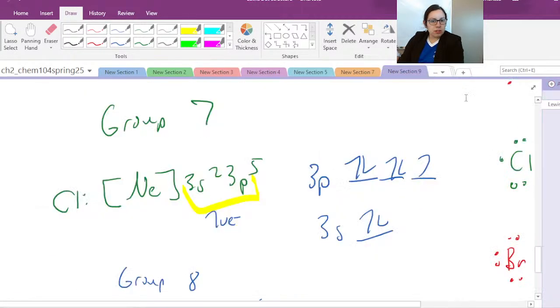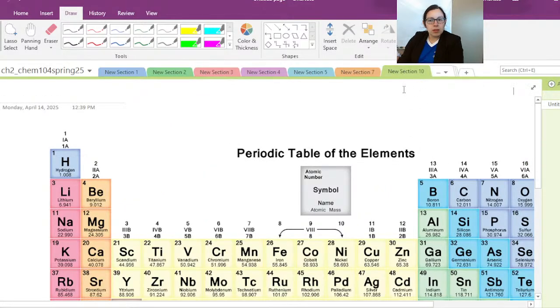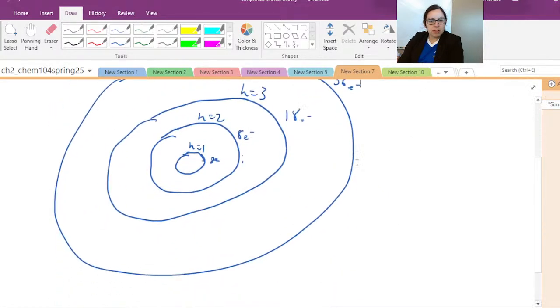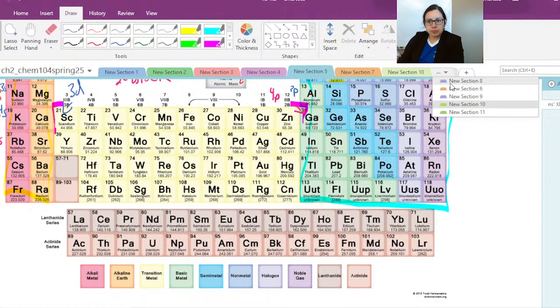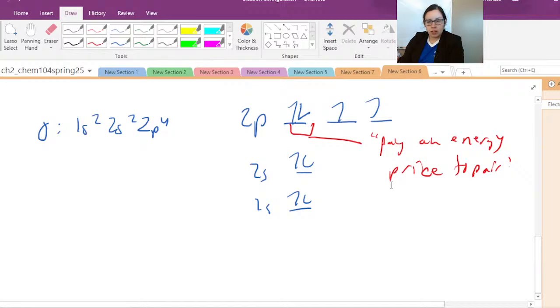And let me just try to find a good place to continue our notes here. I'll do it on page 6. So we'll do Monday.